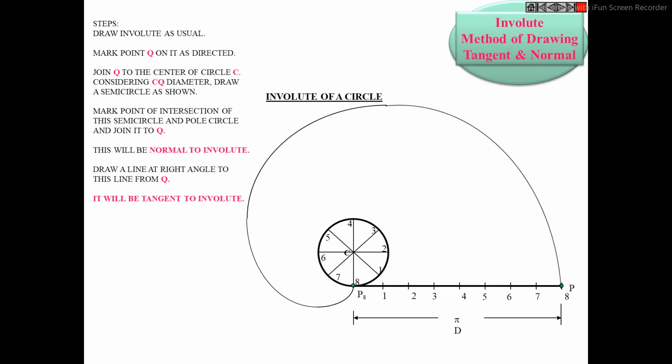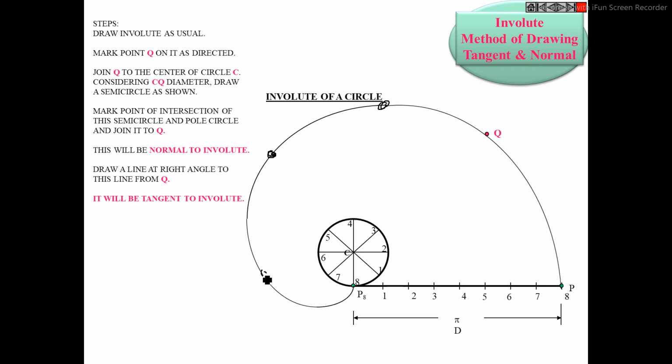So let us choose any point on the periphery of the curve and then name that point. Say that point is point Q. If no information is given in the problem regarding the choosing of the point Q from where your tangent and normal will pass, you are free to choose any point, but that point should be on the curve. You can take this point Q over here also, or over here.